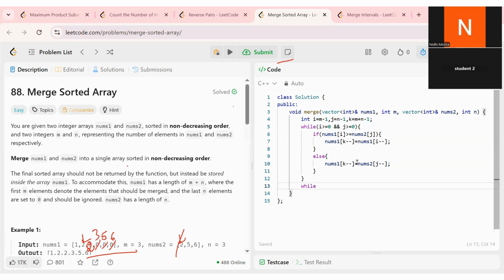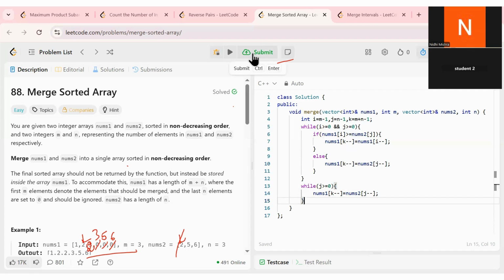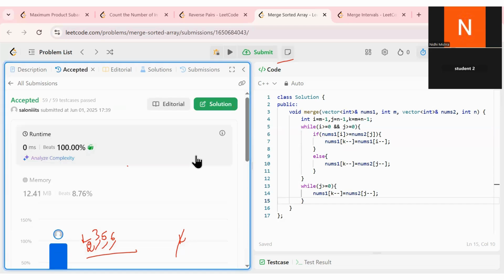So what should the condition be? j greater than or equal to 0. nums1 of k minus minus is equal to nums2 of j minus minus. Should I run? Yes, accepted. Very good.